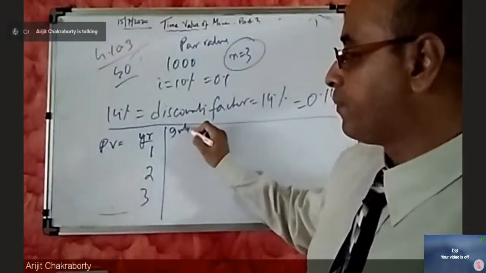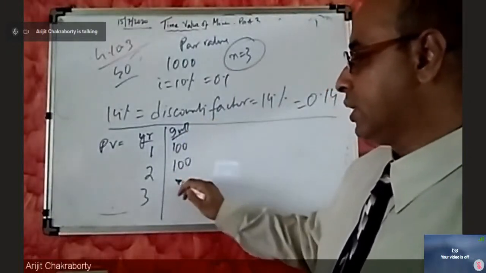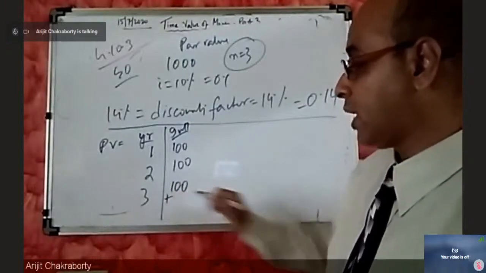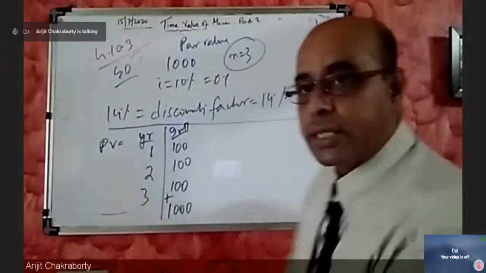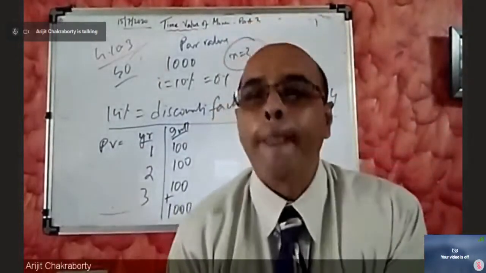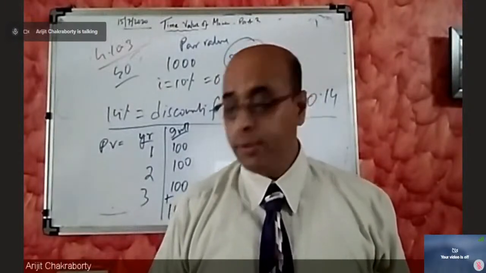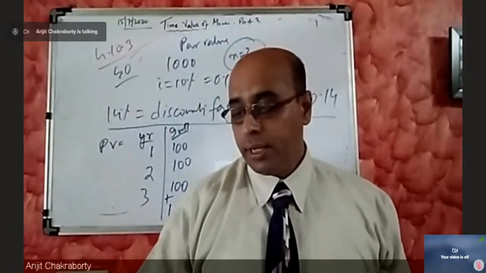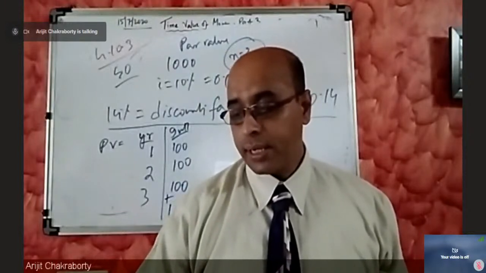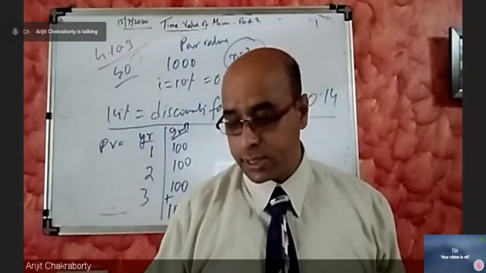So interest column, 100 rupees in the first year, 100 rupees in the second year, 100 rupees in the third year plus he will get back this 1000. It is clearly mentioned in the problem that at maturity, he will be getting back the face value of the bond. It is written in the problem that at what price the bond may be purchased.